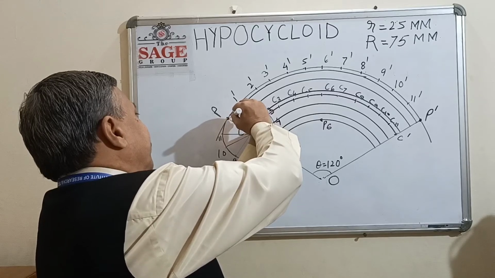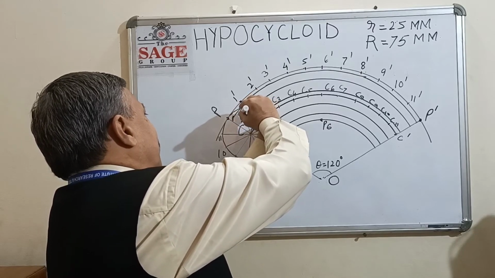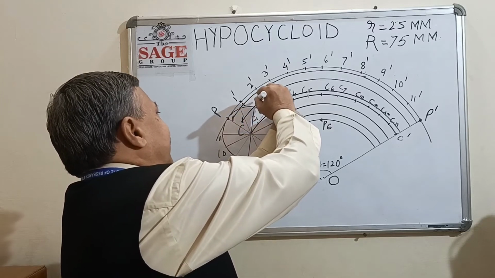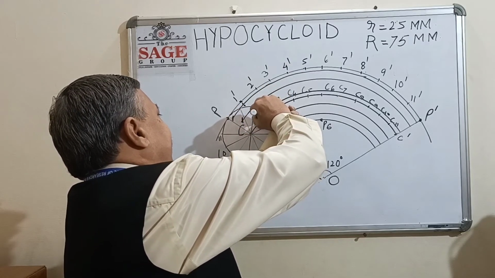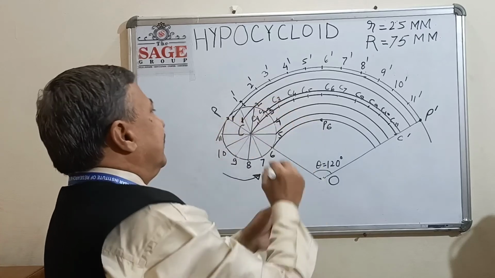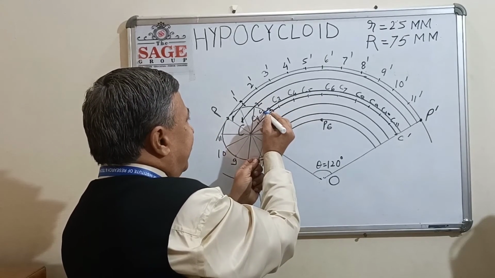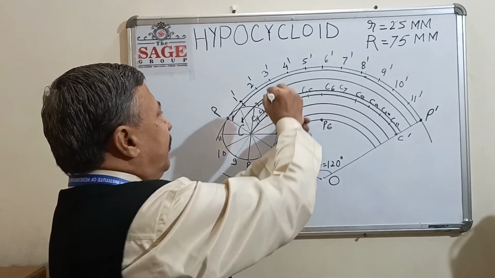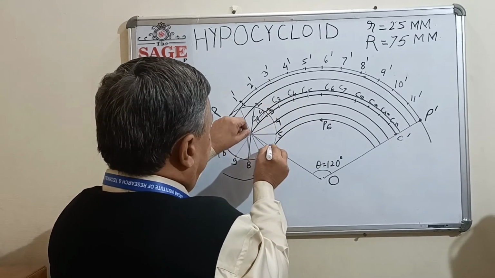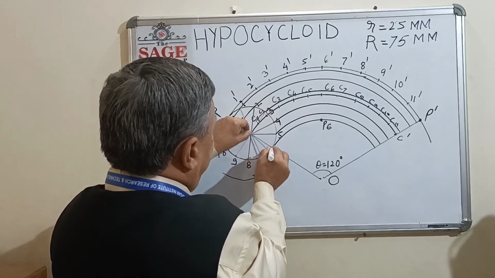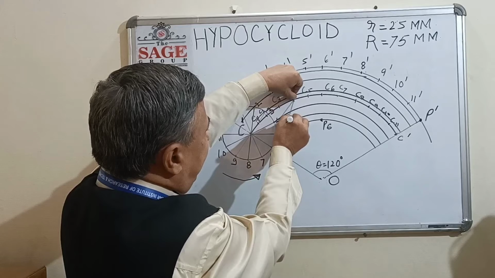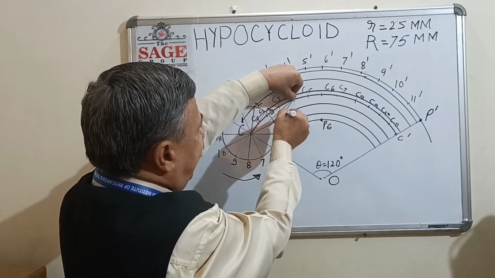See here. Then center C2, another arc here. Then center C3, another arc here. Just extend this curve of 3 backside. Now C4, again taking r, this is our r. Center C4 and one arc here.